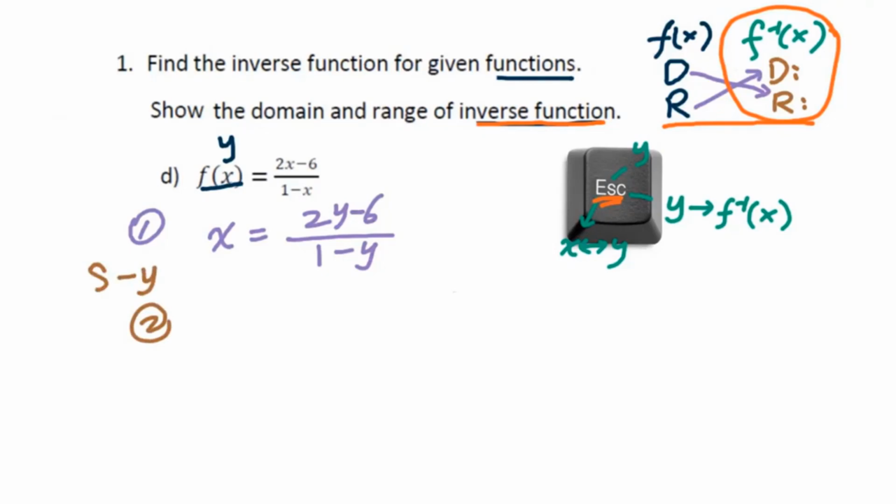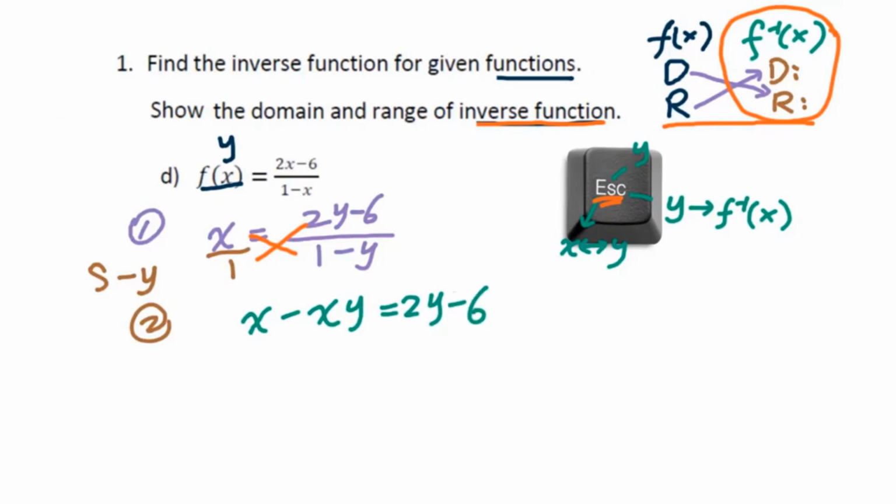Since this is a fraction, we get rid of the fraction by cross multiplying. x times 1, that's x. x times negative y, that's minus xy, equals 1 times 2y, that's 2y. 1 times negative 6 is minus 6.